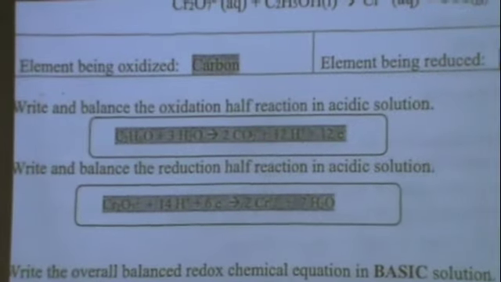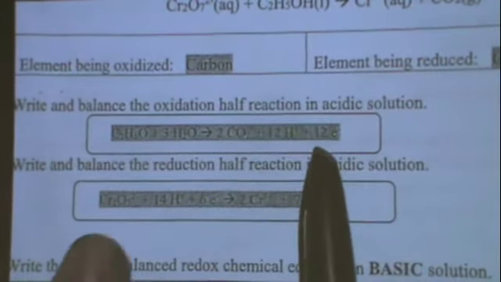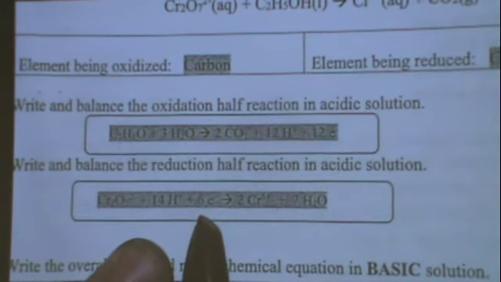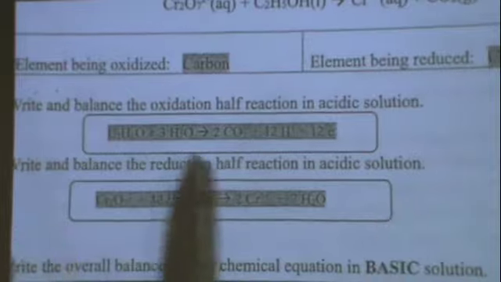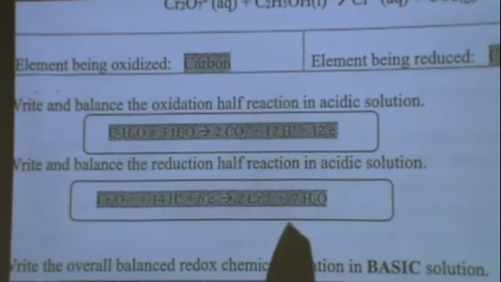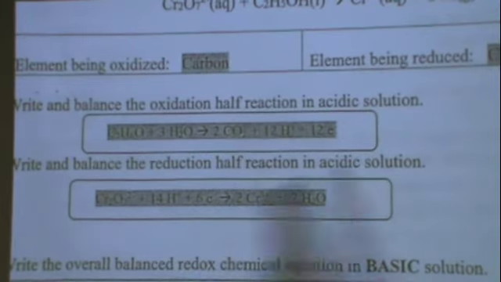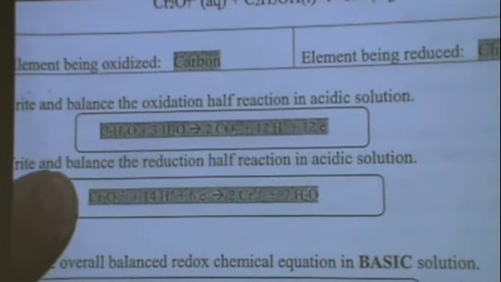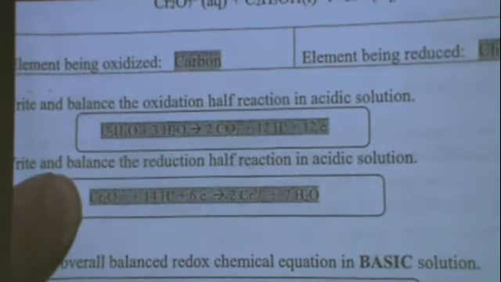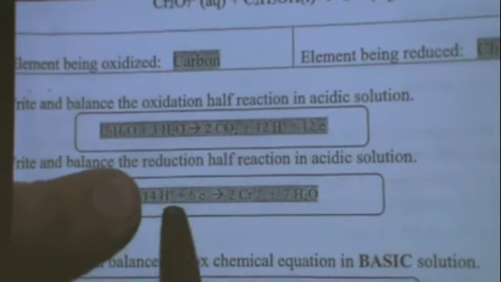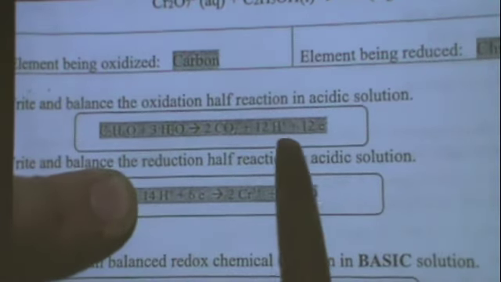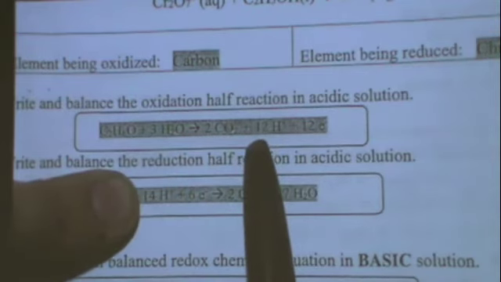All you're going to do is look at the electrons. 12 here and 6 there. Those two have to match. So you're going to multiply this reaction by 2. So this part of the reaction is a double. That's why there's 2 chromates here. And there's going to end up being 28 of these to subtract off from 12 of these.